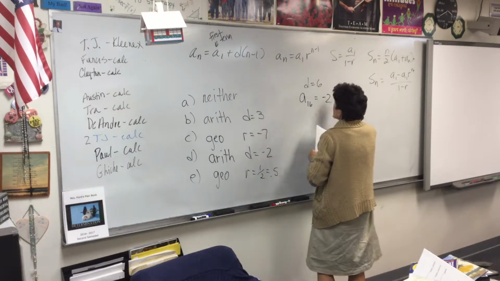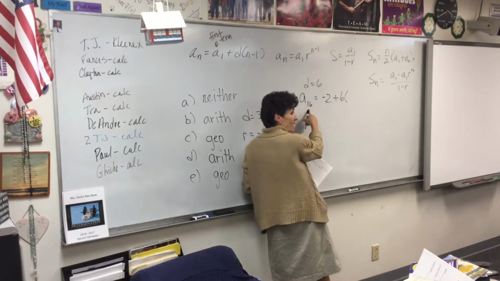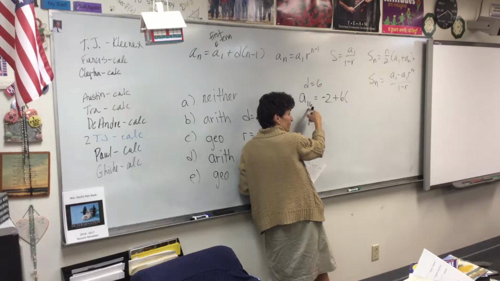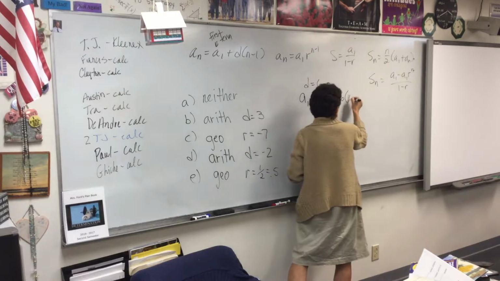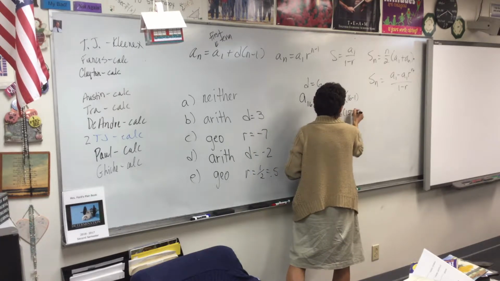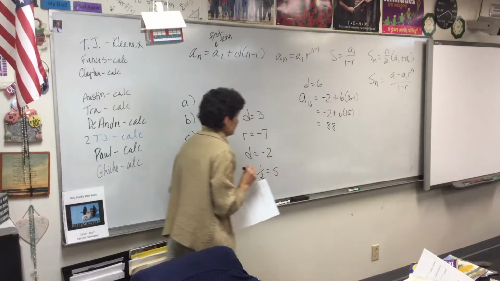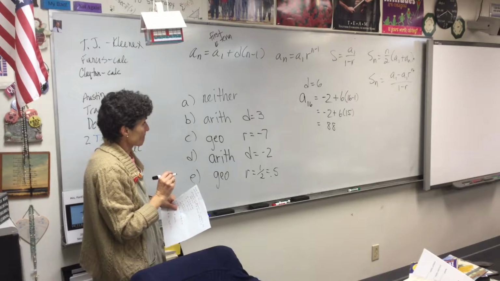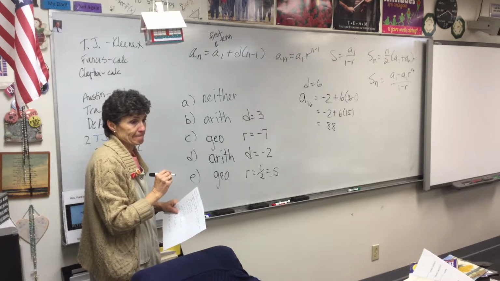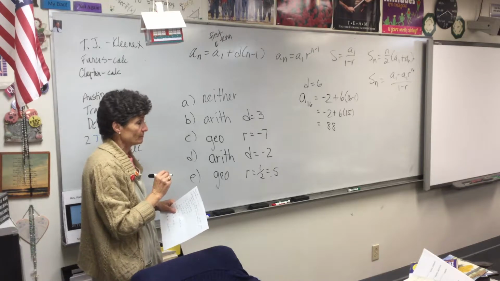Negative 2 plus D, which is 6, times N minus 1. What's N? 16 minus 1. So we have negative 2 plus 6 times 15. Is that 88? Did I do my arithmetic right? You'll have a calculator for this, so I knew one coming out.